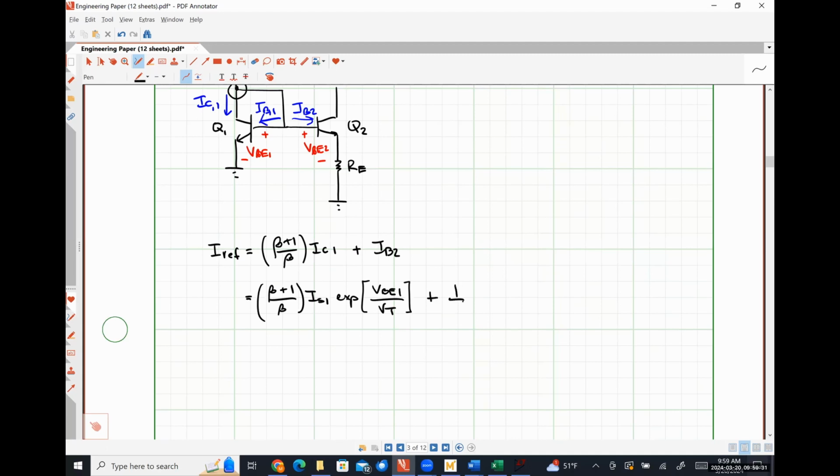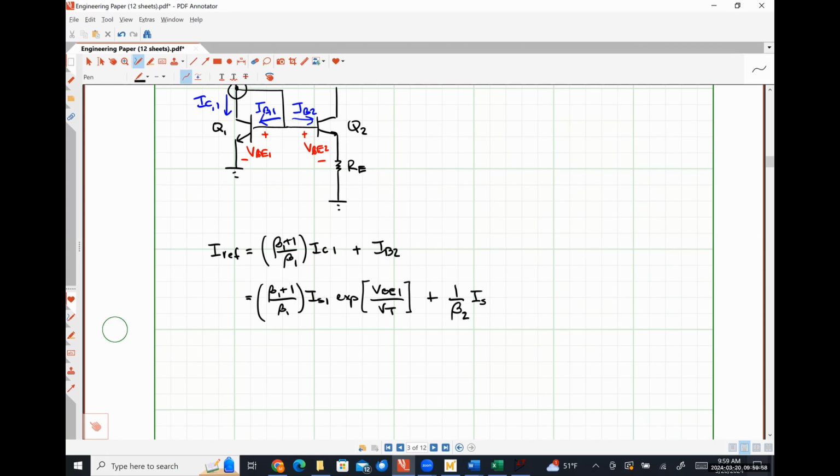And then over here, this is the part that I'm just adding on the fly: 1 over beta times, realistically, this should be ones in case these transistors aren't matched.